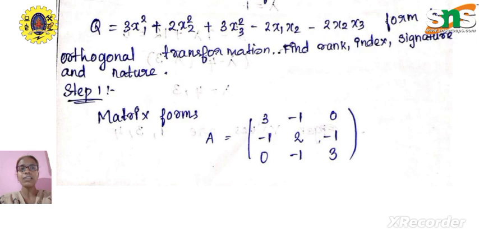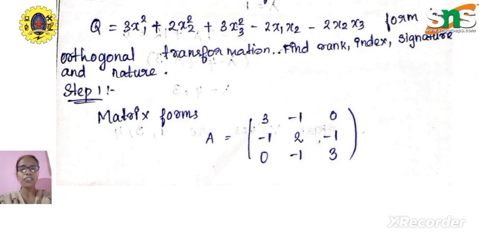Check the quadratic form: we have x1x2, x2x3. What should be the next term? Yes, x3x1. That means the first row third element and third row first element should be the same, but we don't have any such term in the quadratic form. That means that element should be 0.